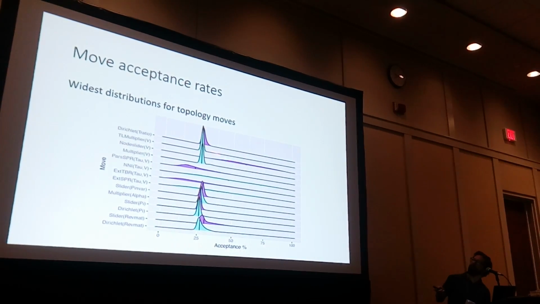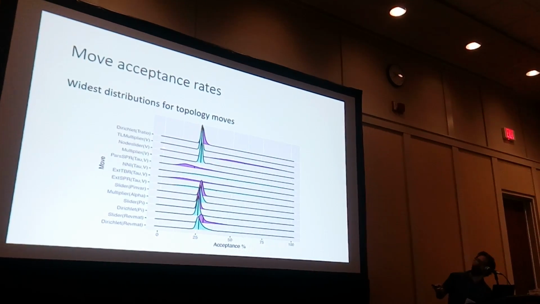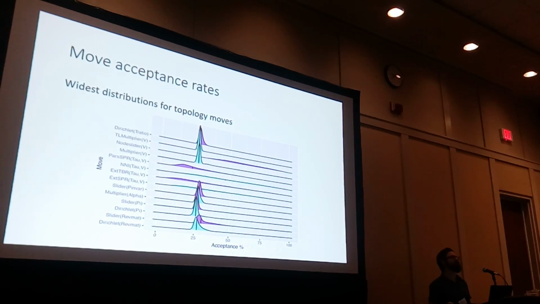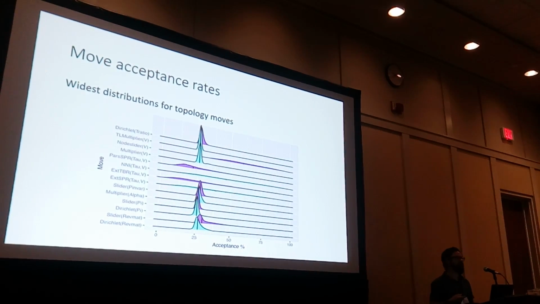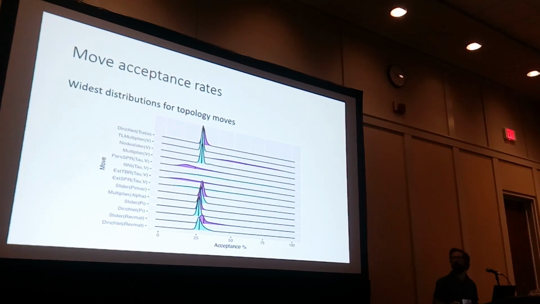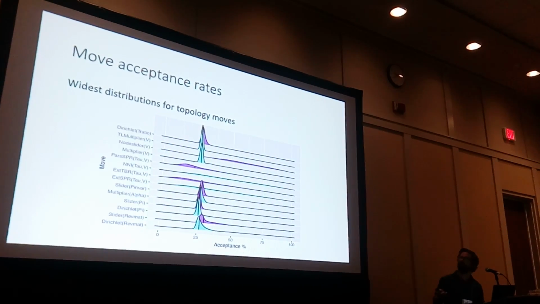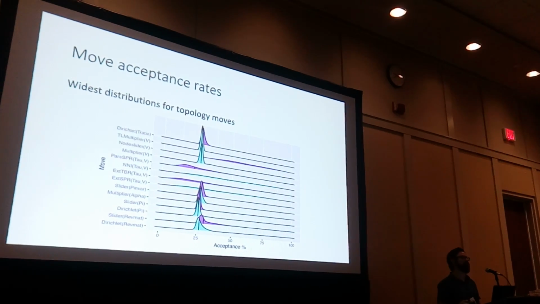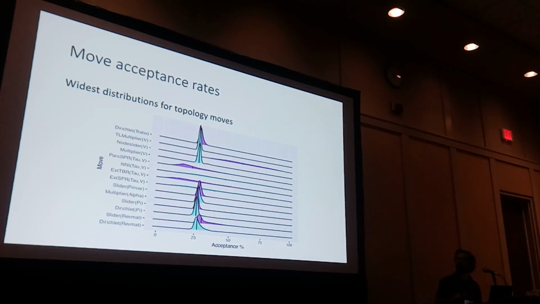We do have some parameters that have really wide distributions. These are things like our node slider, NNI moves, SPR moves, and TBR moves. These are all moves that act on the topology. Topology being this weird parameter that requires these weird moves, we see that it's hard to make those proposals work well and get good acceptance rates.